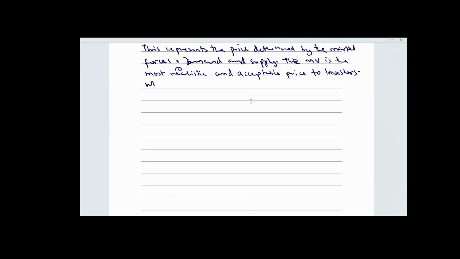When calculating weighted average cost of capital, market value should always be used, except the examiner says otherwise.